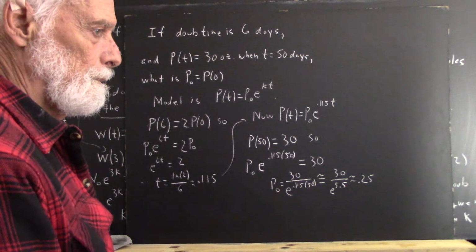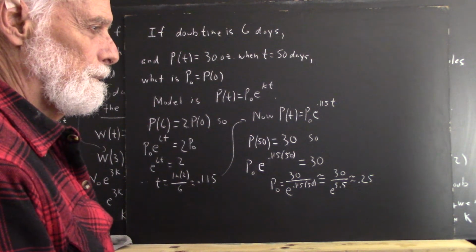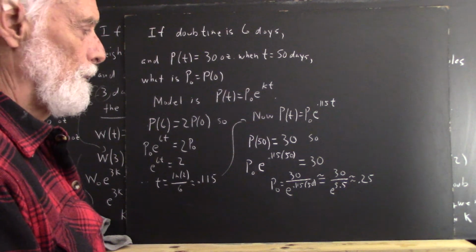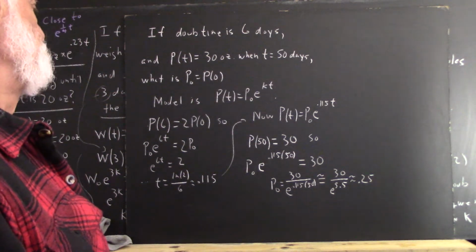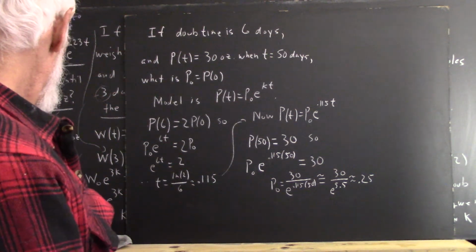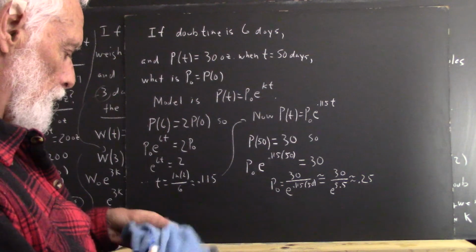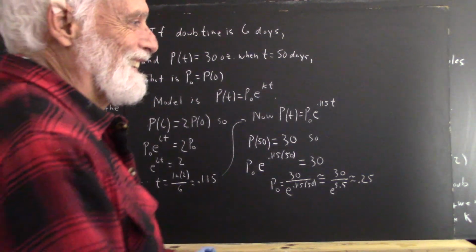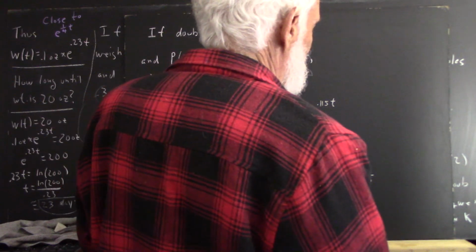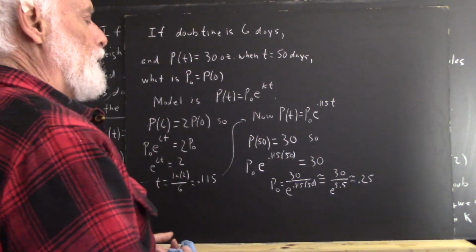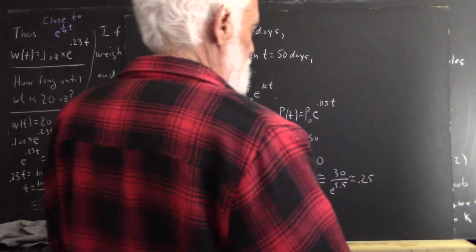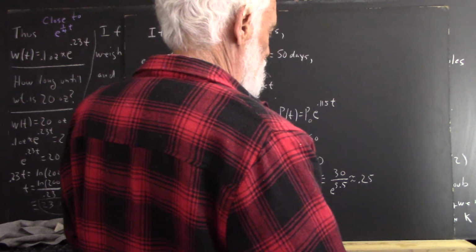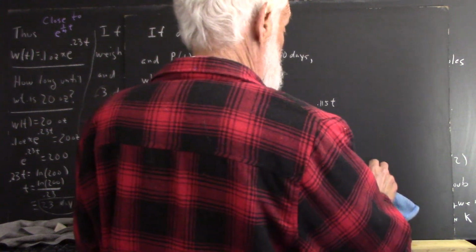I calculated 0.095. Better take that calculator back to the manufacturer, but I'll take your word for it. Maybe I got one too few doubling times, because we take one more doubling time off of that, and that's about what we get.